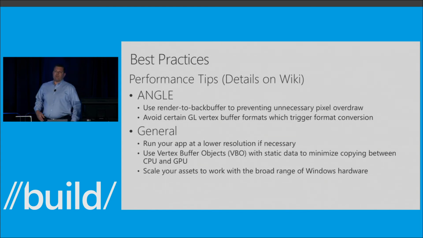The other one of interest is that there's certain formats on the Windows platform in the conversion process, certain vertex buffer formats that aren't as efficient as others. And I would love to say that there's a simple formula: if you do this, then you should try this. It depends on how you implement your OpenGL ES code.